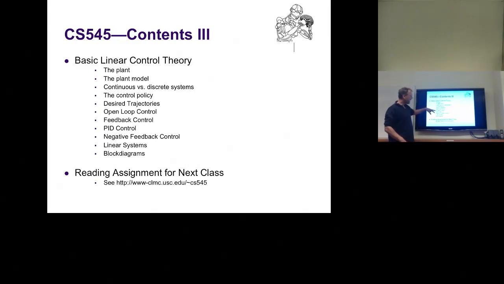We'll talk more in detail about PD control and PID control, negative feedback control, linear systems, block diagrams, and we do a little bit of an example just to give you a feeling what's going on. This is a fair amount of topics. None of them is particularly complicated, you will see. And all of this should in theory build on mathematical knowledge, linear algebra knowledge, a little bit of differential calculus, which you have seen before. So let's see how this works.